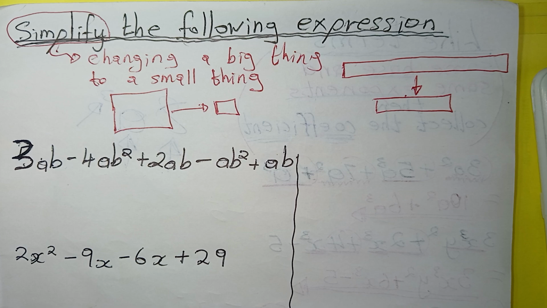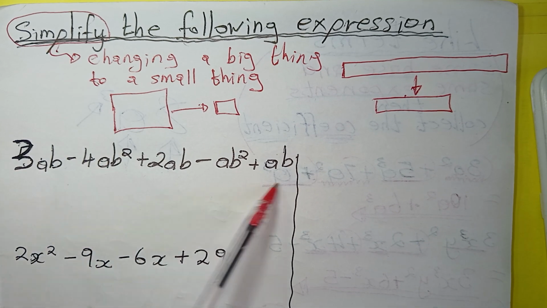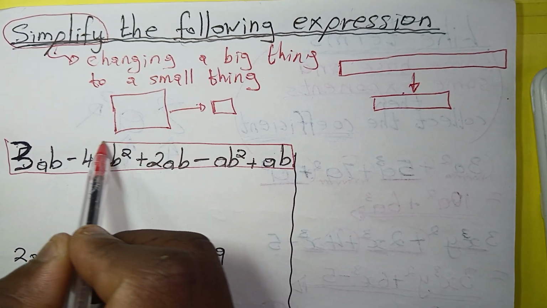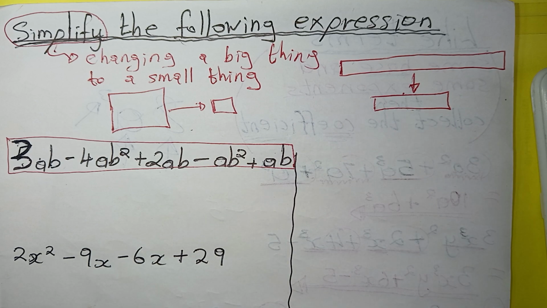Do you see? So if they want you to simplify this expression, they want you to change it into a small thing. And when you simplify, you apply all the knowledge that you know.